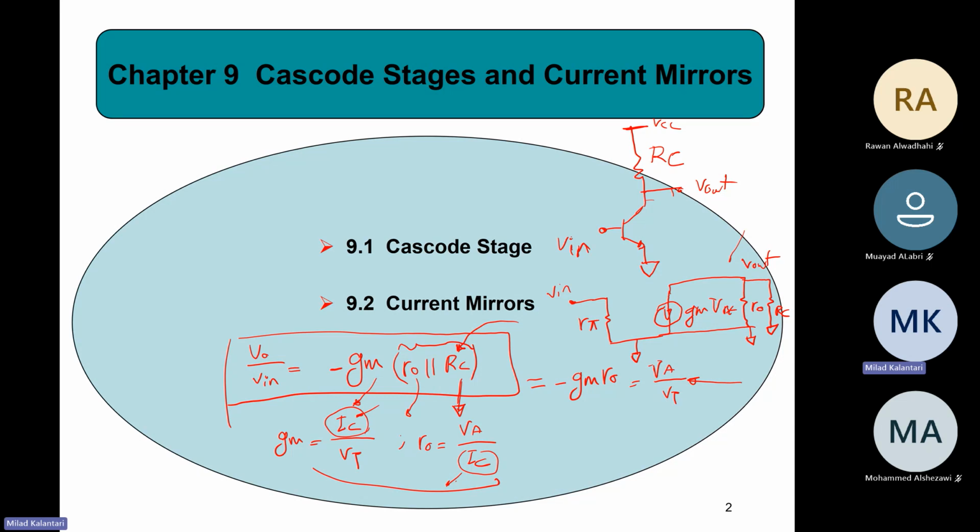So how can we actually increase the RC? We want to increase the RC, but once we are trying to increase it, what will happen to this circuit? Can I put really infinity for the RC? Basically, the bias has the problem, right? If you increase this RC too big, then the voltage drop across the RC is too much.